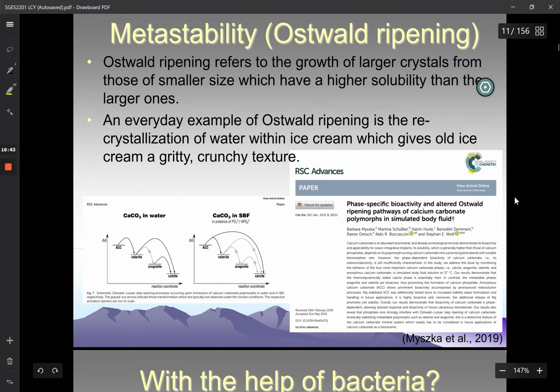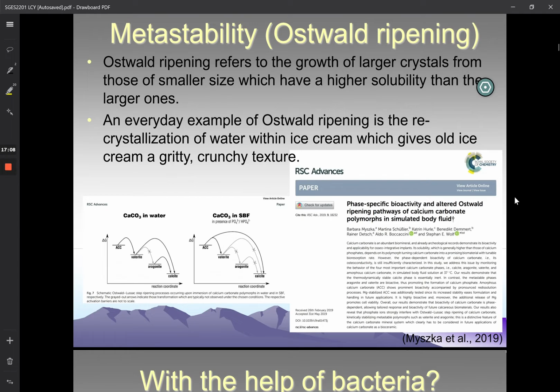So for metastability, when a metastable mineral transforms to a stable phase, it often involves the Ostwald ripening process.